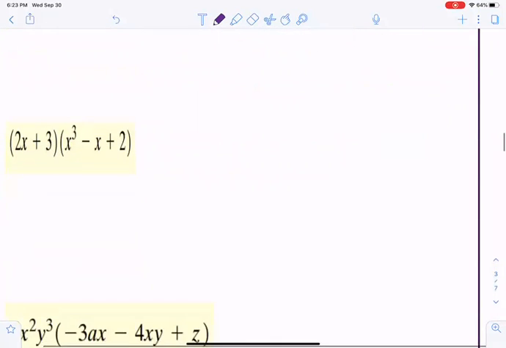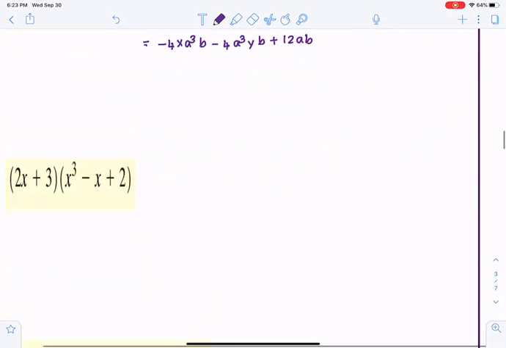So this is another interesting problem where we have two factors. The first one is a binomial, so 2 terms. The second one is a trinomial. It has 3 terms. The idea here is to distribute, then simplify.